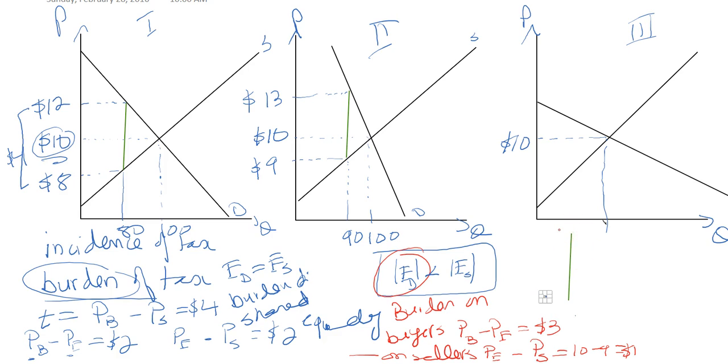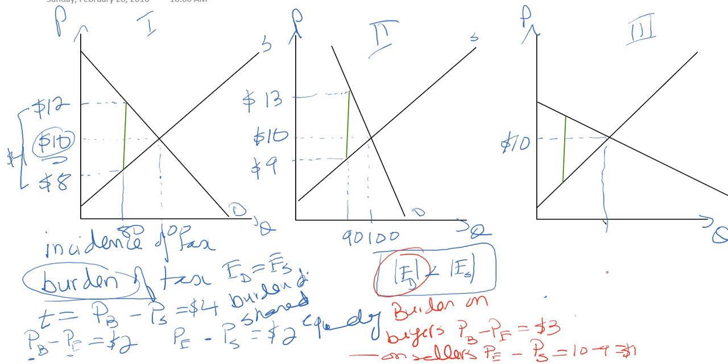Specifically, we have supply being much steeper. So supply is inelastic, demand is fairly elastic. So now let's impose the same tax in this market. And we see the opposite taking place.